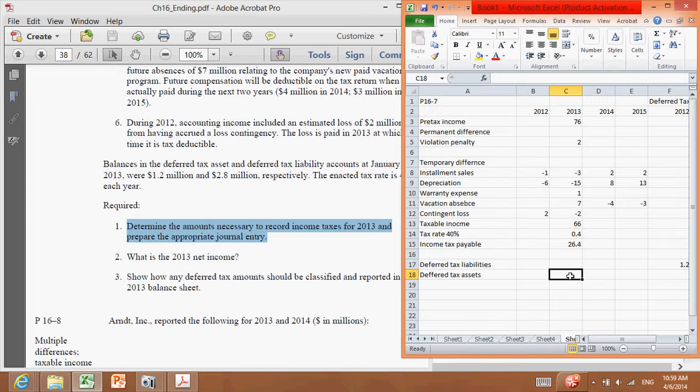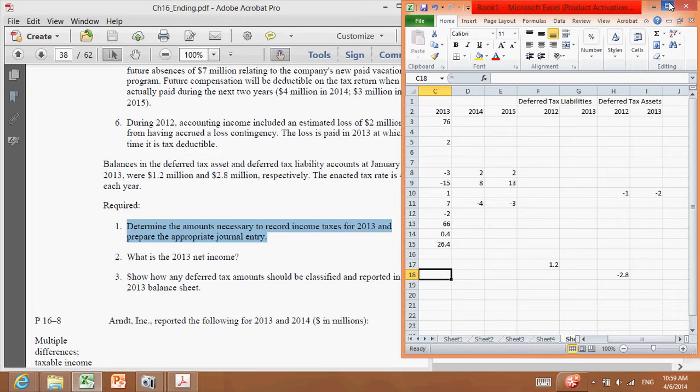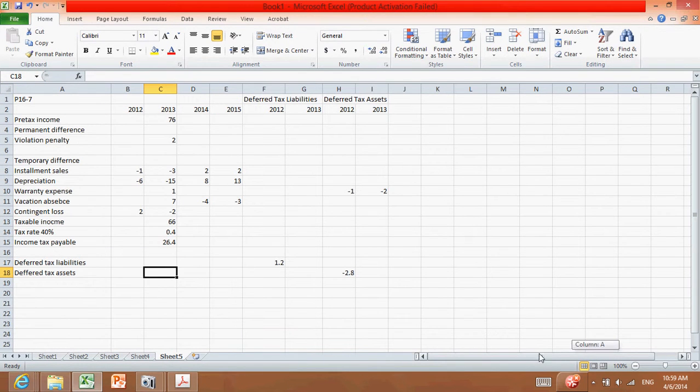Permanent differences will not have future effect, so deferred tax liabilities and assets do not include permanent differences, whereas temporary differences have future effects. So let me highlight 2013, and we will look for the difference in 2014 and 15.